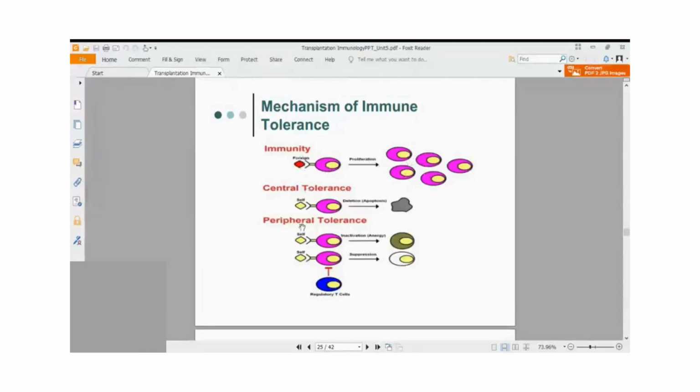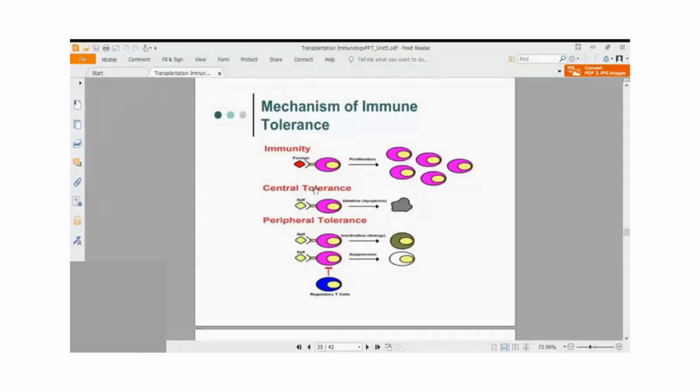There are two types of tolerance, central tolerance and peripheral tolerance. Central tolerance develops in the primary lymphoid organs, the thymus and bone marrow, when the selection of cells is taking place. As far as T cells are concerned, it is positive selection.